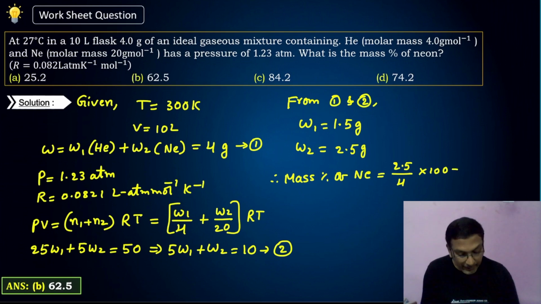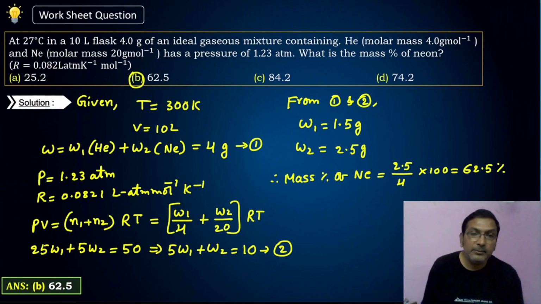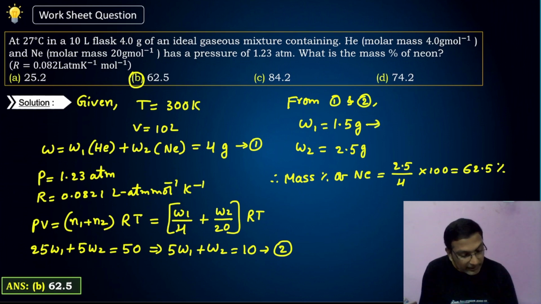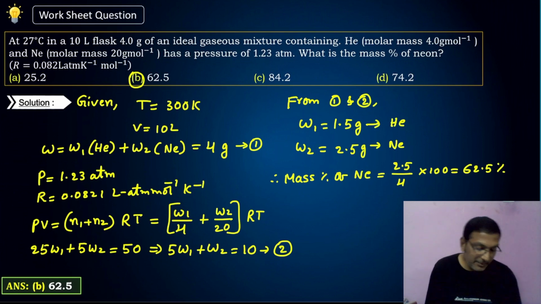So which will be equal to 62.5%. So option B, very very important. 1.5 grams of helium, 2.5 grams of neon are present. Mass percentage means mass of neon by total mass into 100.